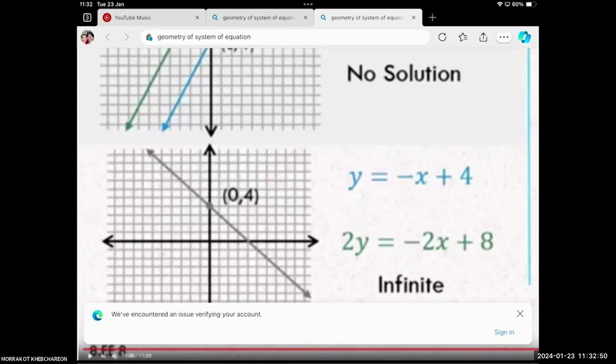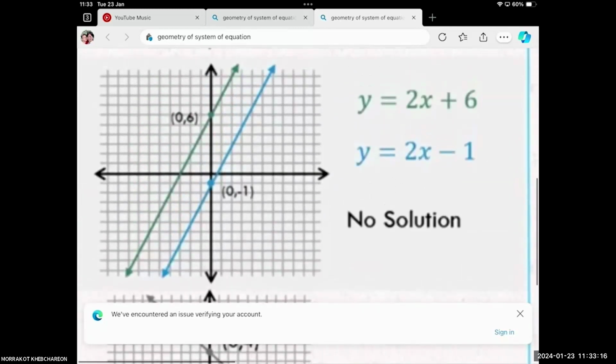So actually they are the same line. So the solution is every point along that line, right? So in this one you will say that is the infinite number of solutions. And the infinite number of solutions means they are all the values x and y that stay in that line, okay?